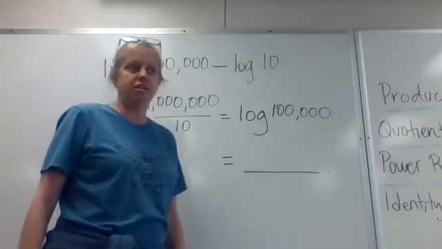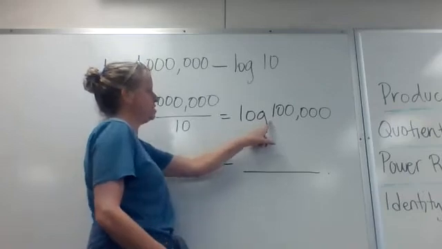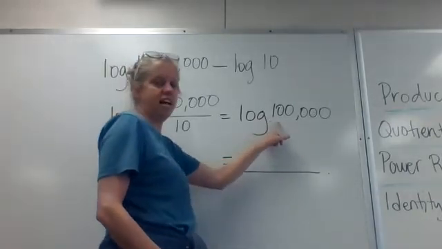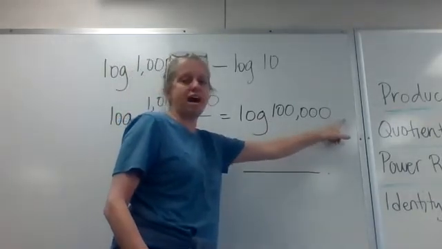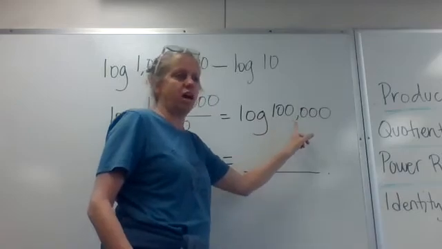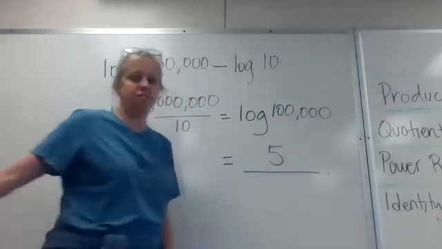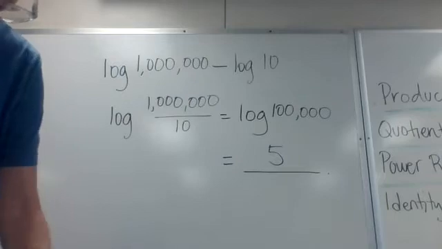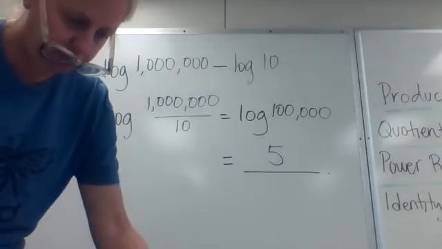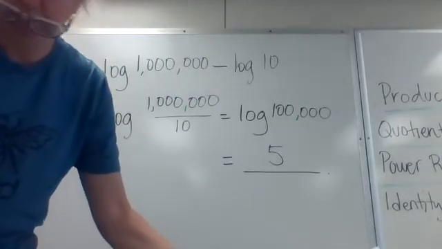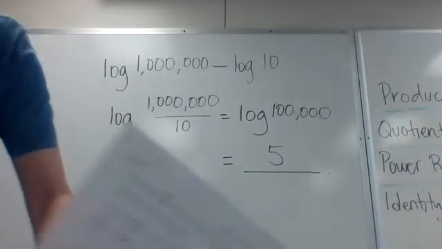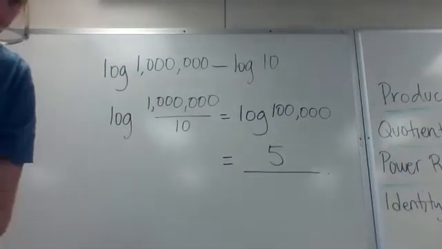It's going to tell me 5. Why is that? What is the base if you don't see it? 10. 10 to what power is 100,000? 10 to the 5th. Number 14.